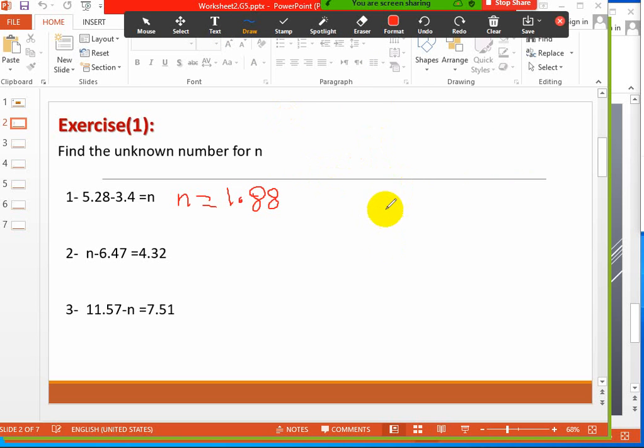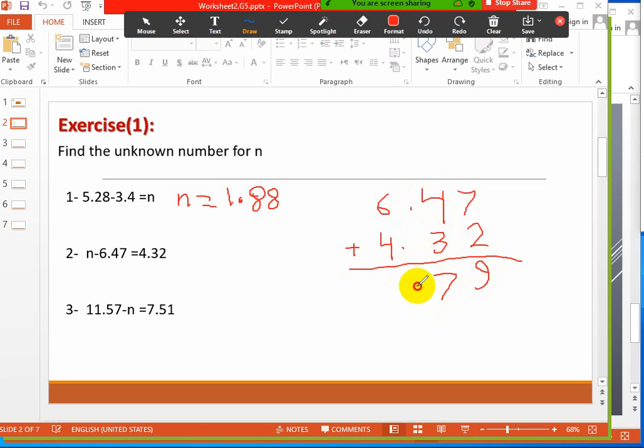First thing, I will put 6.47 and add 4.32. Very good. Who will help me now? Let's ask Sheikha. Yes, Sheikha, open the mic. 7 plus 2. Yes, 7 plus 2. Very good. 4 plus 3. Very good.